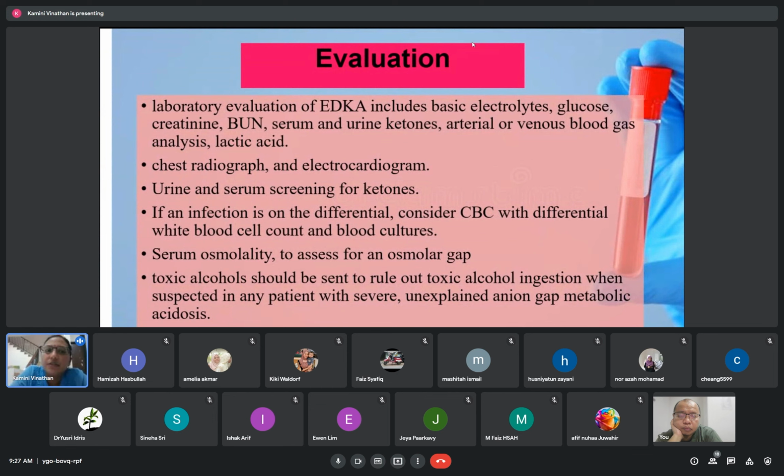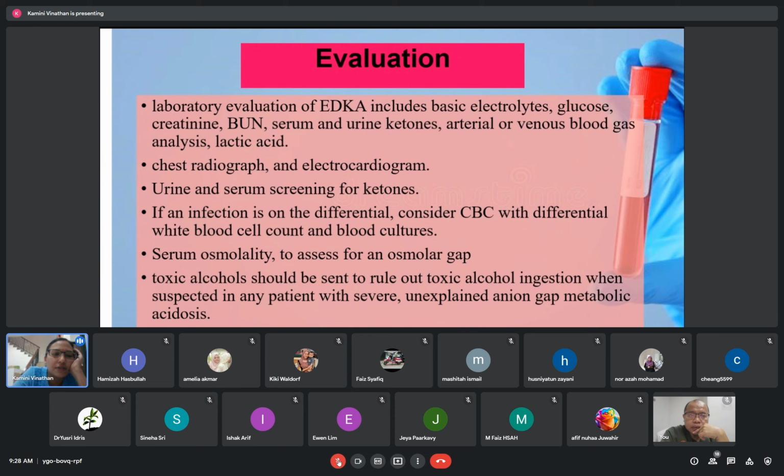So laboratory evaluations for euglycemic DKA include basic electrolytes, glucose, RP, which is urea, creatinine, electrolytes, urine ketones, serum ketones, and blood gases such as ABG and VBG and lactate. For investigations, normally we have to do chest X-ray and ECG, and urine examination, urine FEME, to look for ketones and to rule out the causes of euglycemic DKA.